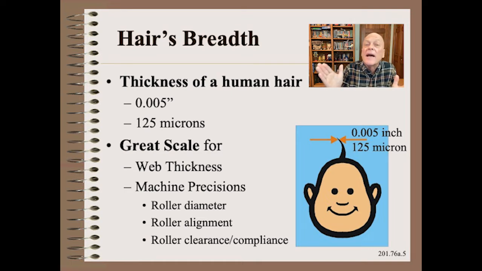This is a great scale for many mechanicals in web handling. First, it is an ordinary thickness, where most webs are between 1/10 and 10 times the thickness of a human hair. Second, it is similar to the machine commercial tolerances for rollers, such as listed here.